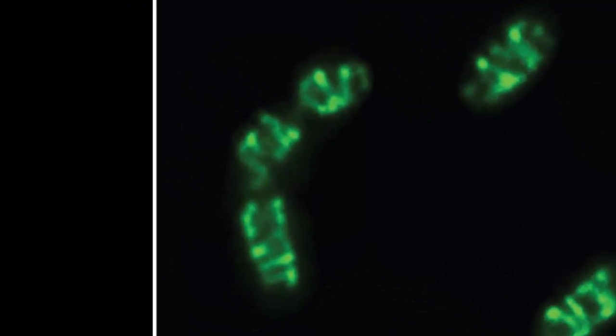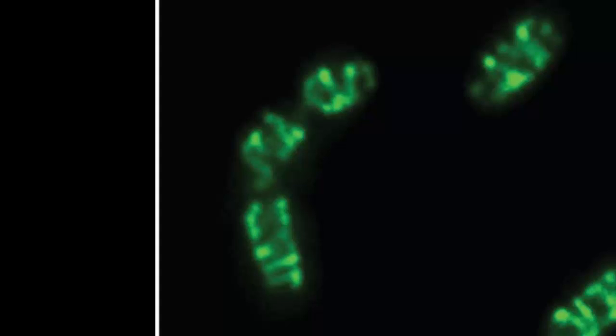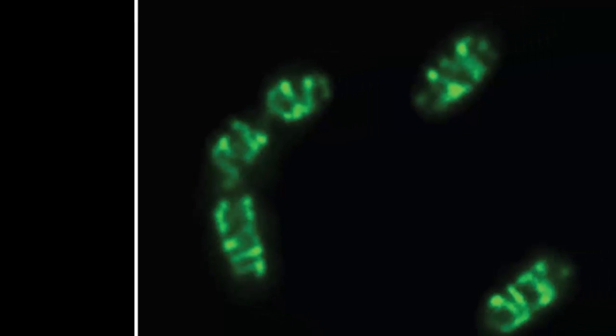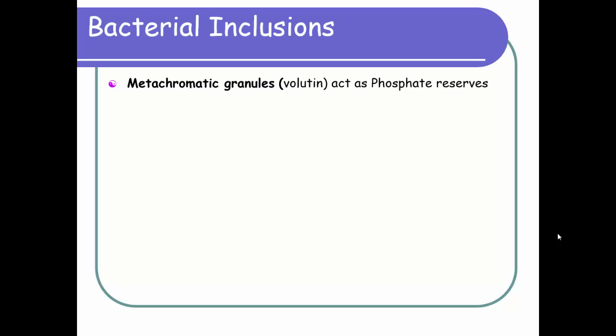Some bacteria have a very simple helical cytoskeleton. Primarily, these cytoskeletons will be found in the larger spirochetes. This will help give the shape of these elongated bacteria. There are a number of bacterial inclusions that we can find in bacteria.